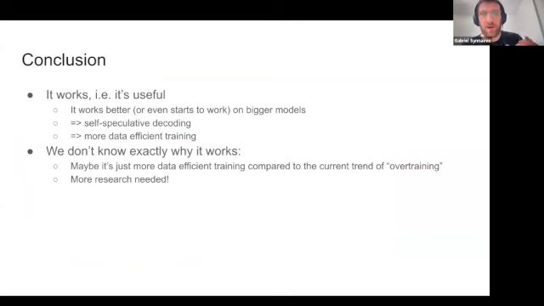It works better, or even starts to work, on bigger models. But we don't know exactly why it works, so maybe it's just more data efficient training compared to the current trend of overtraining. We have some hypotheses that would need further exploration, about the mechanisms, and more research is needed in this direction. And I'm done with the main part of the talk.